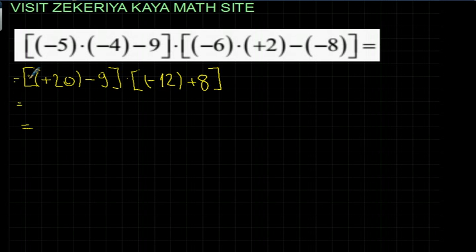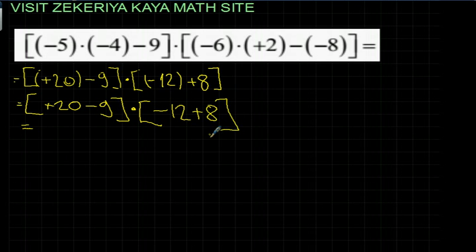After you wrote them with parentheses, firstly you must cancel the parentheses before the calculation. So, plus 20 comes out directly, and the minus sign we keep there. Between them times, here minus 12 comes out and plus 8 stays there.